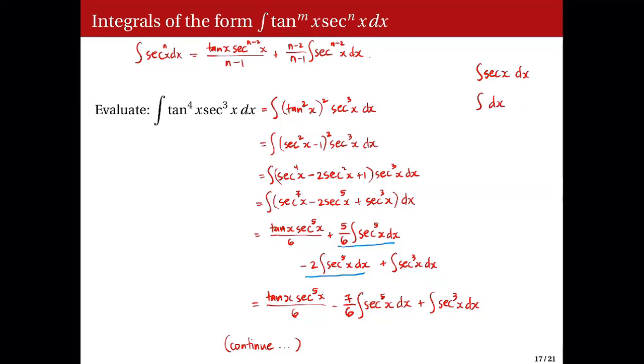That happens when your n is actually even. But again, if the power of secant is even, we have a specific technique to use. Usually, the reduction formula for secant is really helpful if you have odd power of secant. Okay. Thank you. You're welcome.